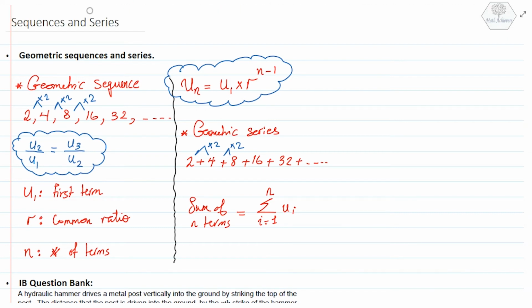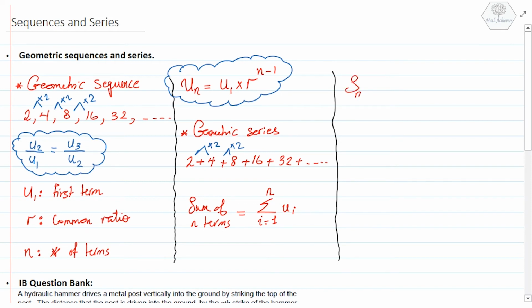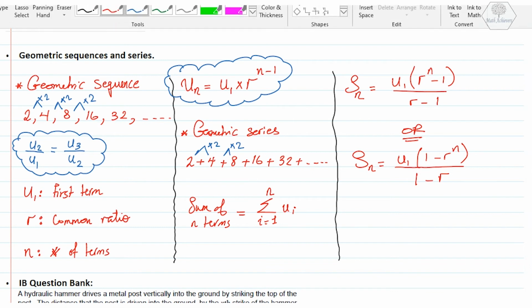Now, the formula used to find the sum of n terms: the sum of n terms is equal to U1 times R to the power of N minus 1 over R minus 1, or we can use the sum of n terms equals U1 times 1 minus R to the power of N over 1 minus R. Both formulas will give you the same result.